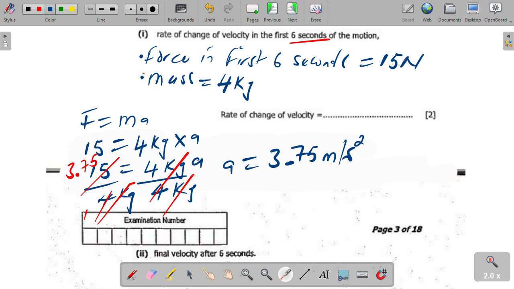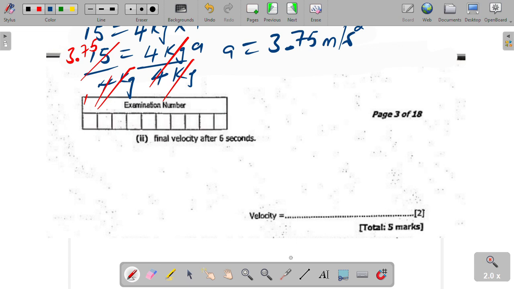So we write here 3.75 meters per second squared.